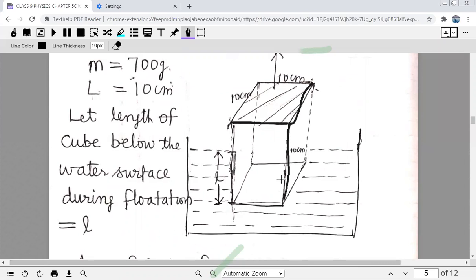So you can see here, this is the wooden cube. What will be the cross section? This shaded part which I am shading here is called the cross section. It's clear.